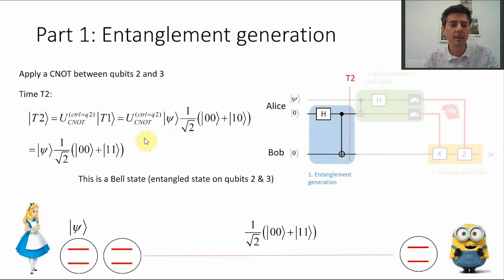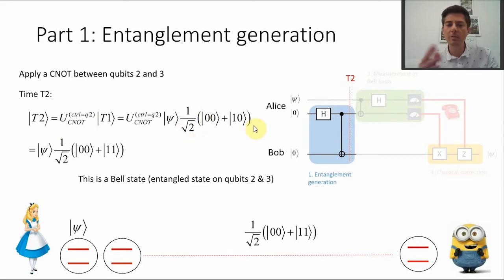The state at T2 is the state T1, whatever we got on the previous slide, multiplied by the controlled NOT. This is what we got on the previous slide, and here's our gate. Now we apply our gate on the second and third qubits, because we can see on the circuit that those are the two qubits this controlled NOT is applied on.